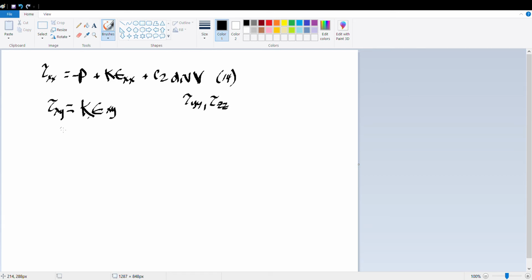And then we also have to say that tau xy is equal to 2 times mu times strain xy, which is basically saying that kappa is equal to 2 mu.